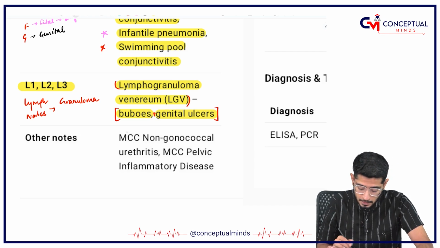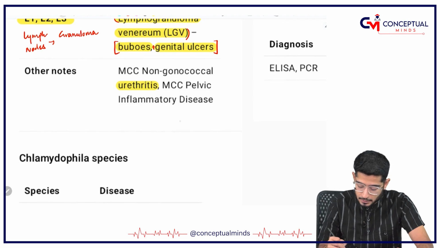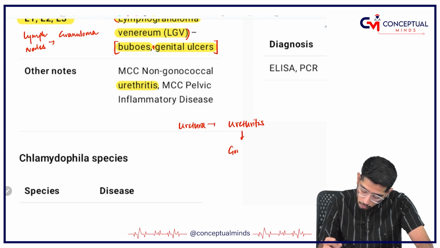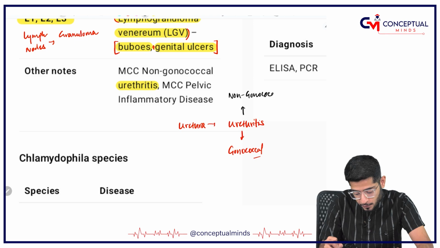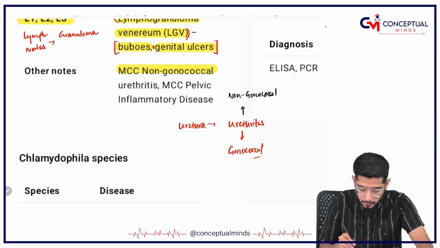One more important thing, urethritis. Whenever we say urethritis, you know that you have got urethra and the urethra can have inflammation, and the inflammation of urethra is called urethritis. Urethritis can be gonococcal, that is the most common one, because of gonococcus, as well as non-gonococcal. So, the most common cause of non-gonococcal urethritis is what? It is the chlamydia.